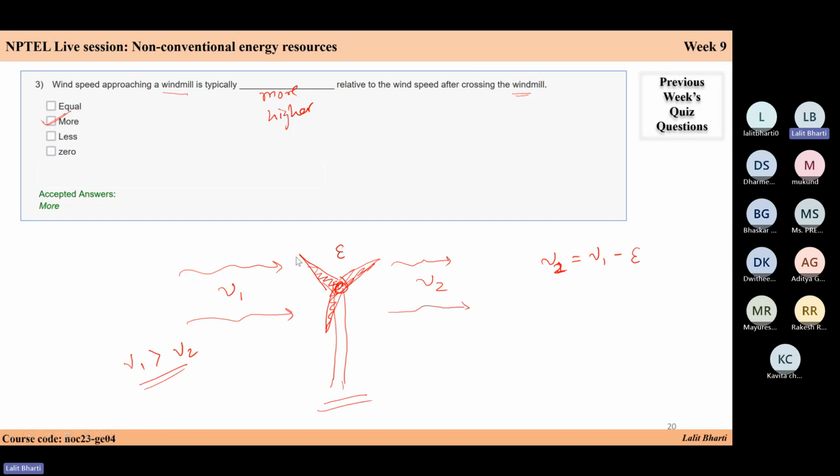The wind before hitting the windmill will be higher than V2. So if V1 is greater than V2, option 2, more, is correct. The wind speed approaching a windmill is typically higher relative to the wind speed after crossing the windmill.